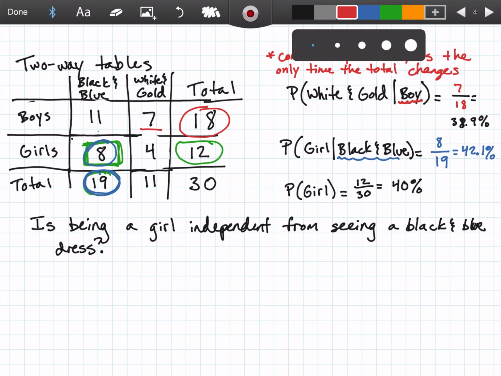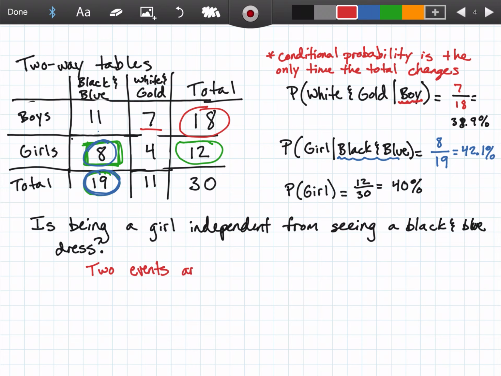Well, here's what you need to know about independence. 2 events are independent if the probability of event A is the same as the probability of event A given that it has any condition on it. So basically, whether this event has a condition or not, the probability should be the same.